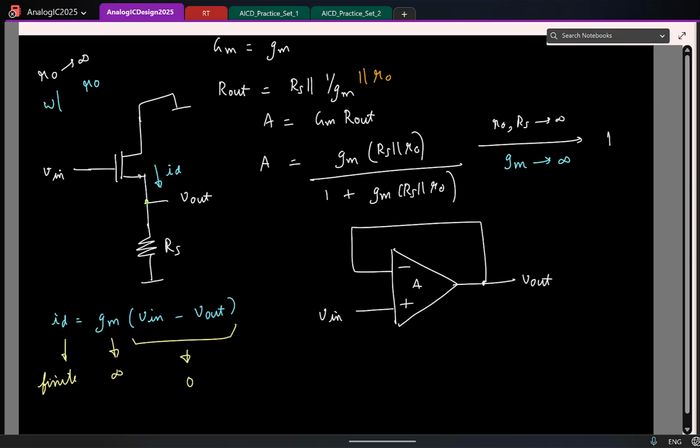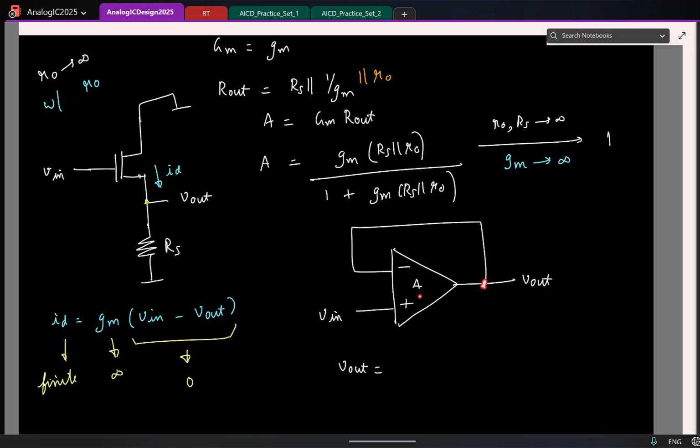So what is Vout now? The output of the op amp is the gain times the non-inverting minus inverting terminal. This is A times how much? Vin minus Vout. This is fine.